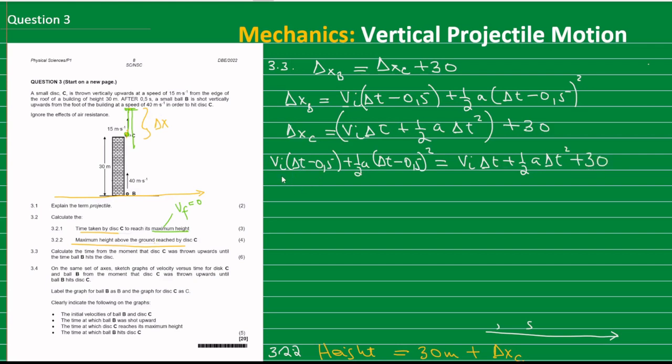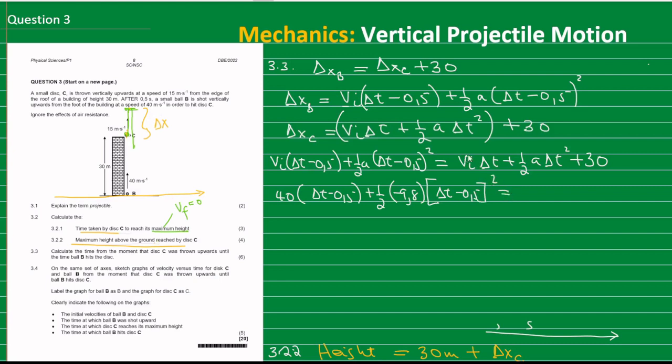Now let's put in some values here. The initial velocity for ball B we are given is 40. So this is 40 times (delta t minus 0.5) plus half a, the acceleration is the same, negative 9.8, times (delta t minus 0.5) squared.